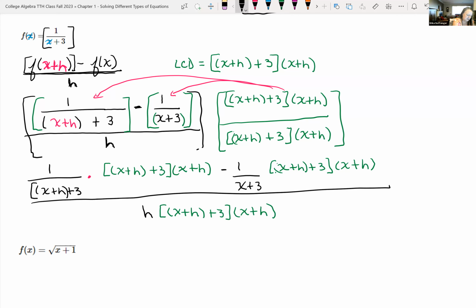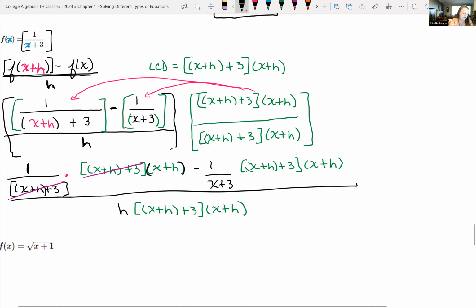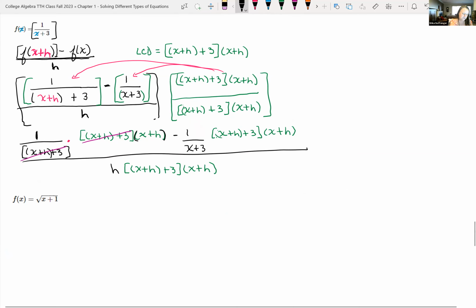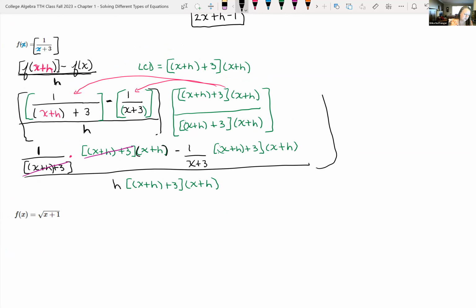So notice the denominator in our first term cancels in the numerator with this x plus h plus 3. So we're technically left with this 1 here times this x plus 3. So that 1 times the x plus 3 is just x plus 3. And then, excuse me, in the second term, when we distributed, we have 1 over x plus h plus 3.